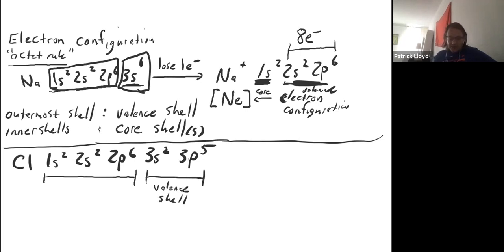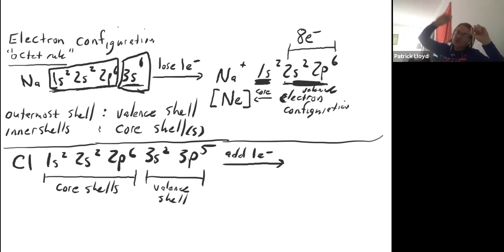And this would be called the core shells. Okay? Now, notice if you add one more electron. So I'm going to add an electron. I'm not going to remove one. I'm going to add 1 electron. Just like you lose the outermost, you gain the outermost.